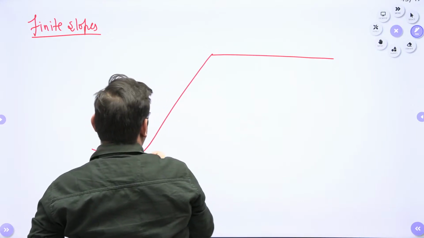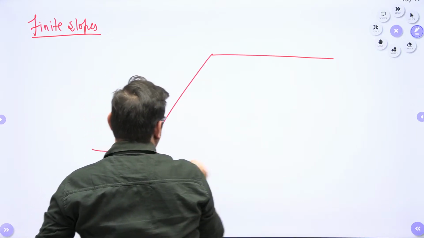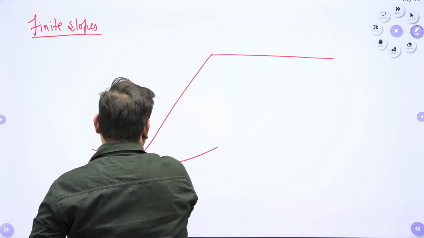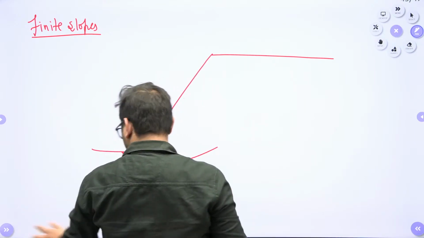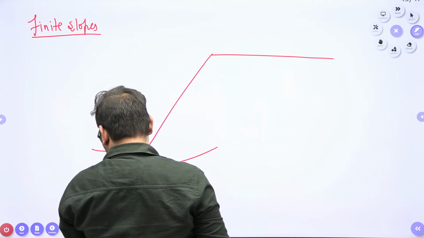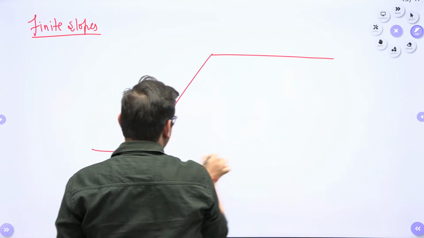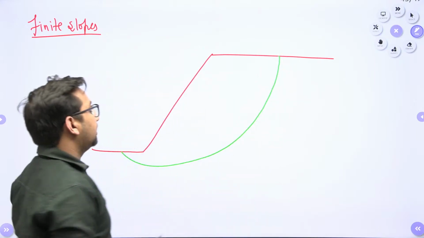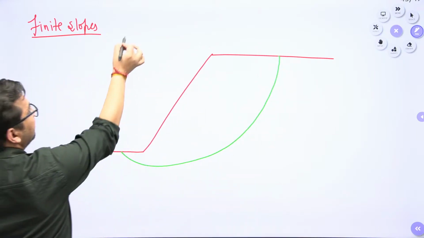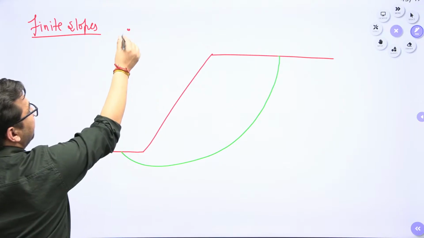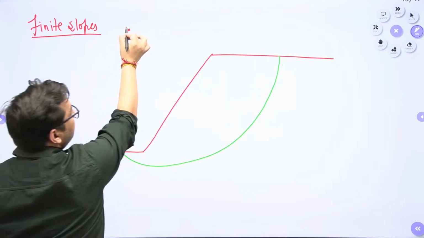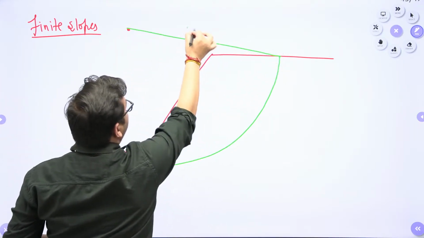Let's suppose this is your finite slope, and this is the failure plane. Let's suppose this failure plane is an arc of a circle, so definitely there will be some center. Let's assume the circle has a radius r.